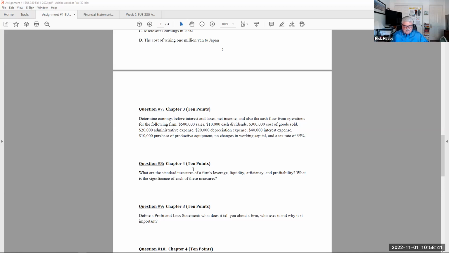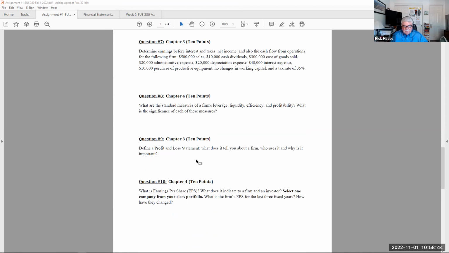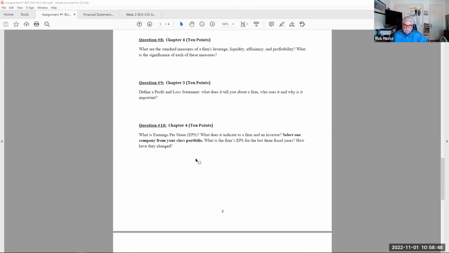Then I want you to define some terms from chapter 4, define some terms from chapter 3, and then go to your portfolio and select one company only, and go in and find, for the last 3 fiscal years of your company, what is the earnings per share?